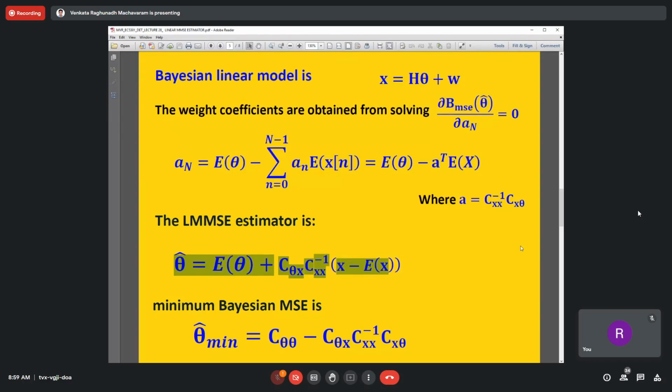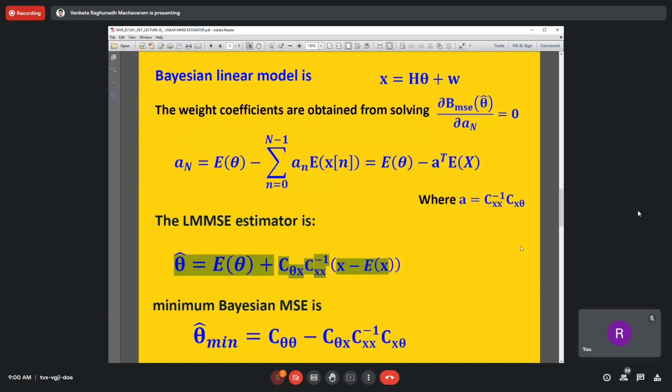Let us try to find the minimum value. So it is C theta theta minus C theta X, Cxx inverse Cx theta. There are some one or two steps in between that I have not considered. If you go through them, you can easily understand how this is reduced. How do you find the minimum value of this function? Again, try to differentiate and make it equal to 0 and solve that one.